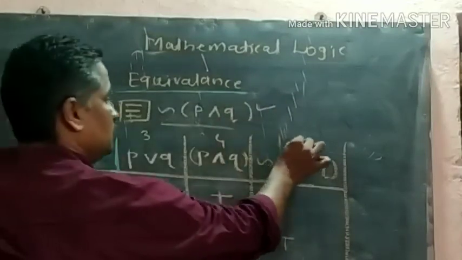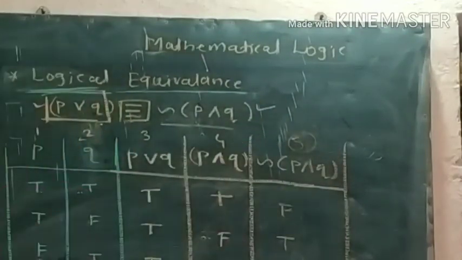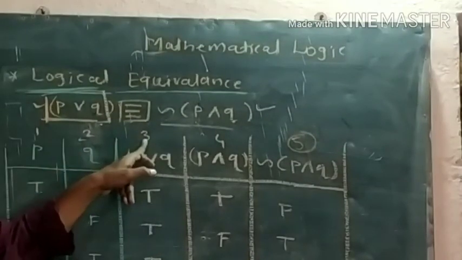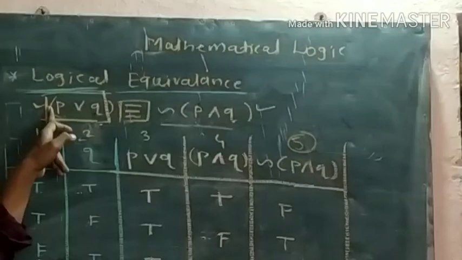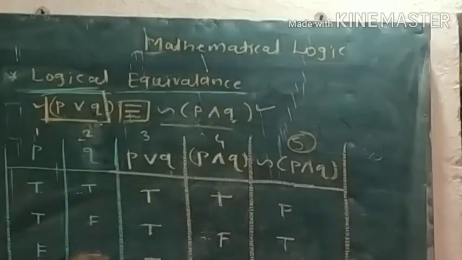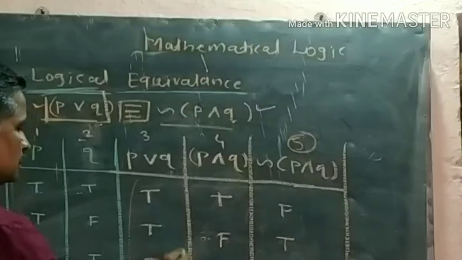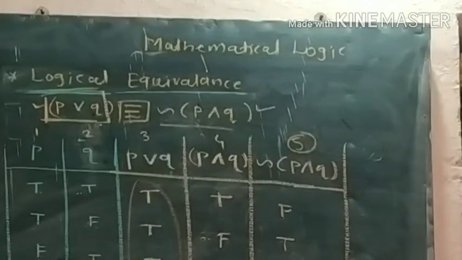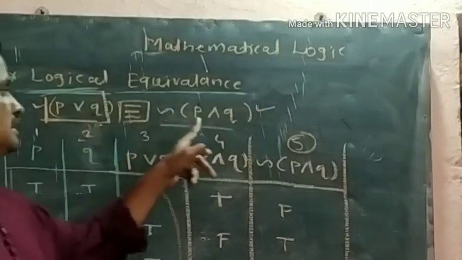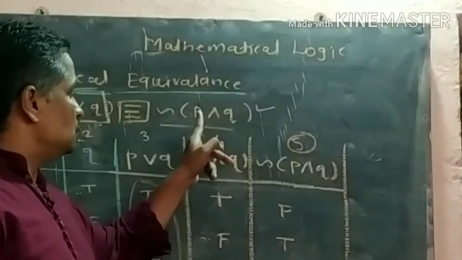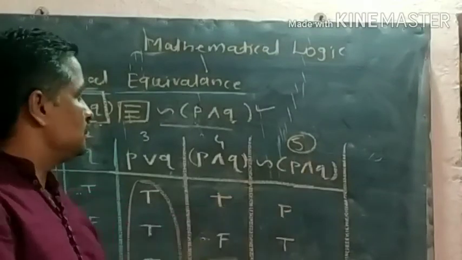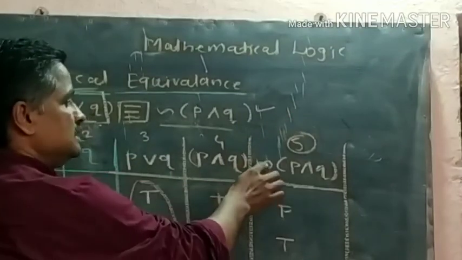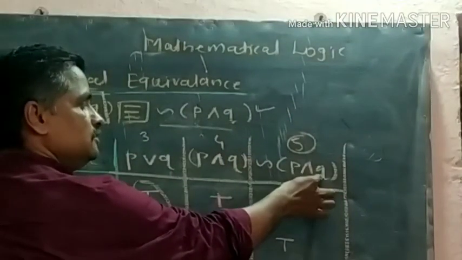Observe by column that column number 3 includes the left hand side, that is P disjunction Q. The truth value of this statement is T, T, T, F. Again consider the right hand side. In the fifth column, the right hand side, negation of P conjunction with Q, is present.